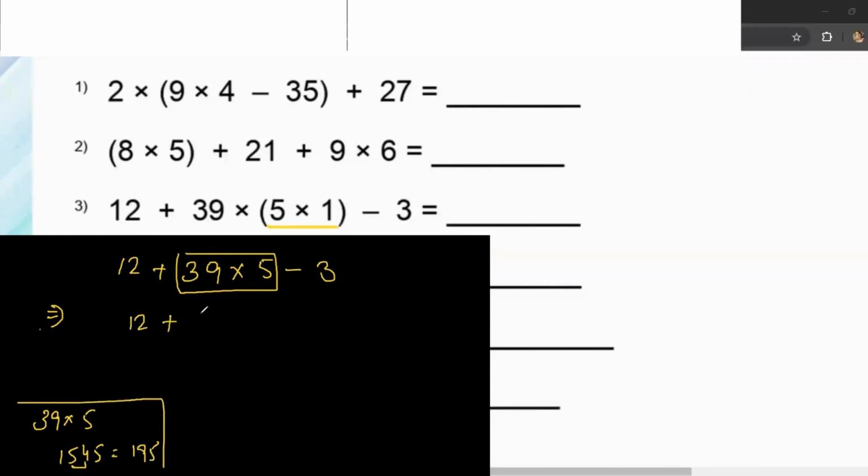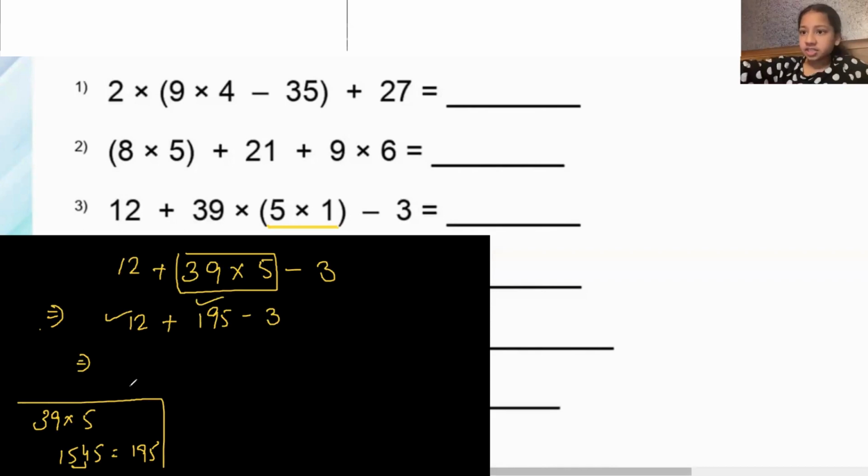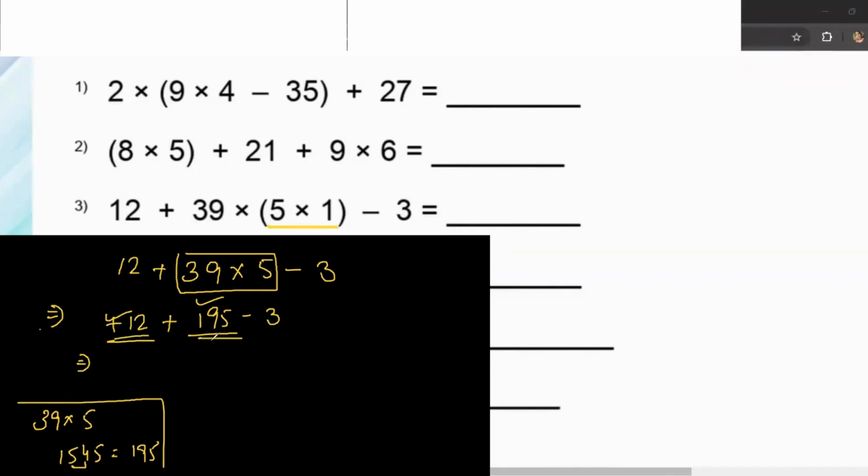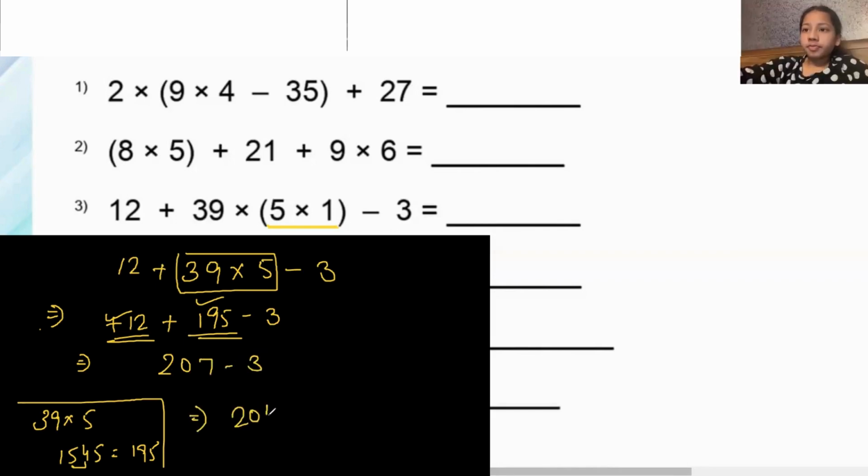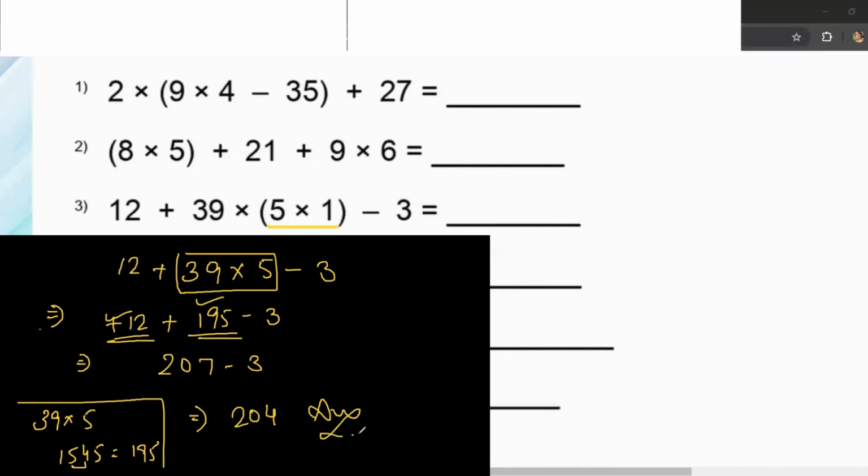So this is 12 plus 195 minus 3. Now you add things first, both the positive things you will add first. So 195 and 12 is what? 207. So 207 minus 3 will be 204. That's the answer.